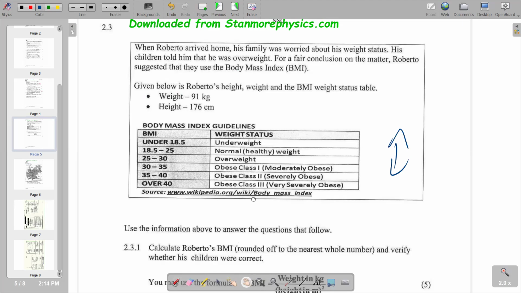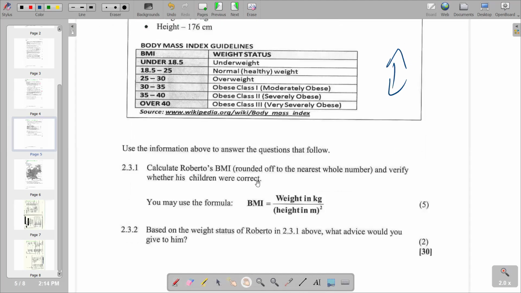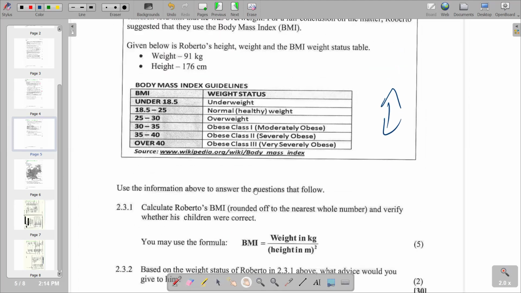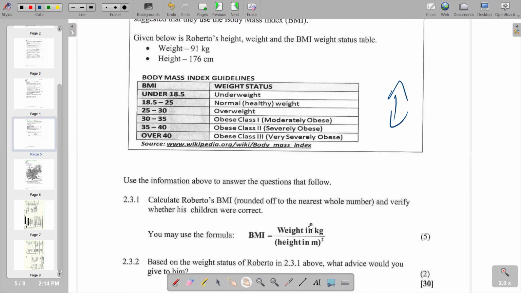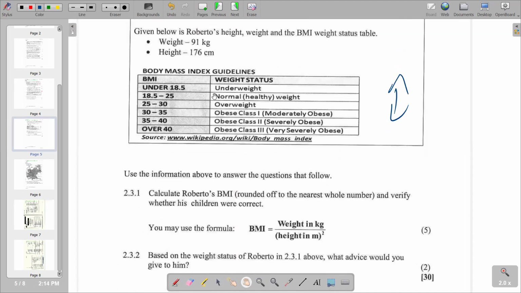On the first part, we have: calculate Roberto's BMI, rounded to the nearest whole number, and verify whether his students were correct. You may use the formula BMI equals weight in kg over height. Of course, we are given the weight of Roberto as 91 kgs and height 176 centimeters. So obviously our numerator is 91 kgs, then our denominator is height, 176 centimeters.